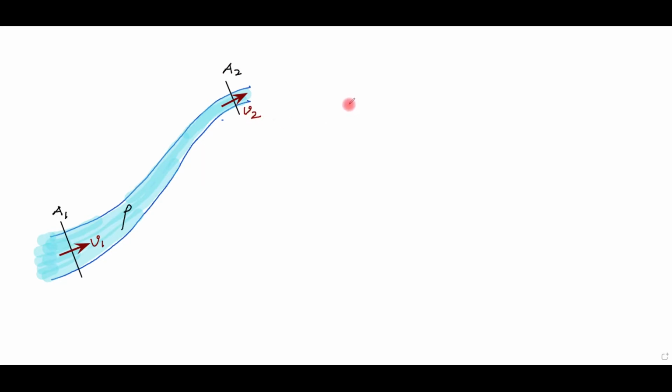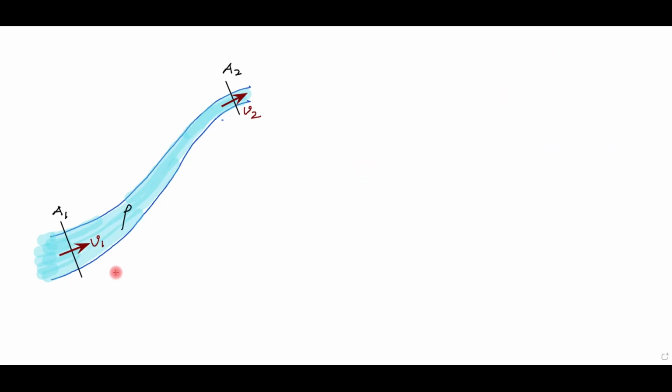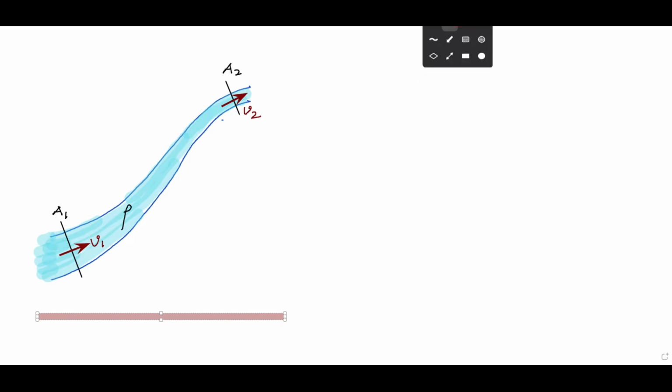We will have to measure the height of this cross section and the height of the other cross section from a reference. Let us consider this as the reference, which will be horizontal reference, which will be used to measure the heights of the cross section.